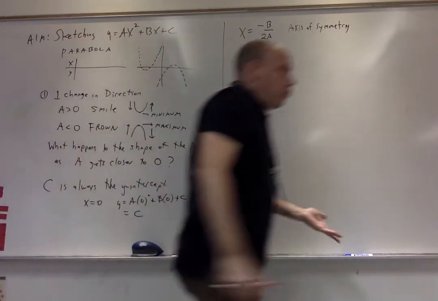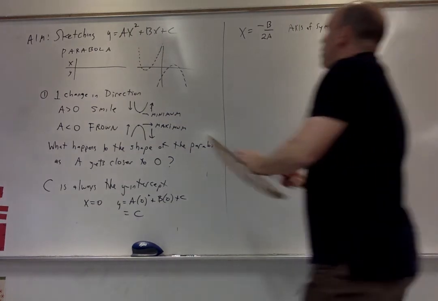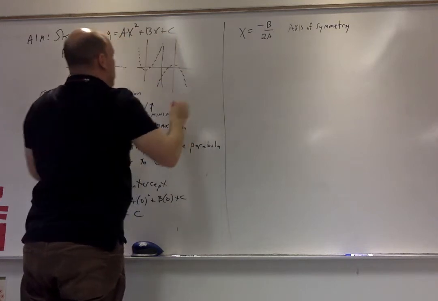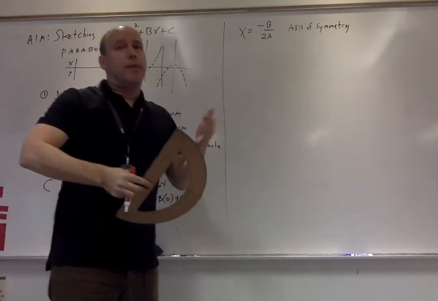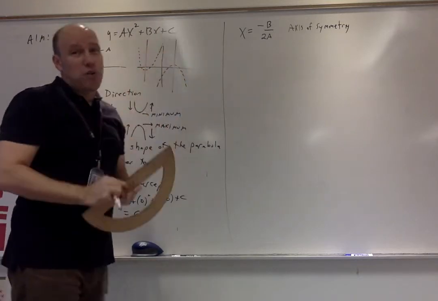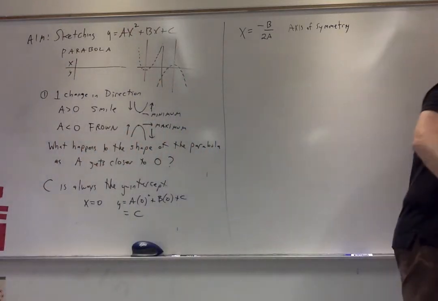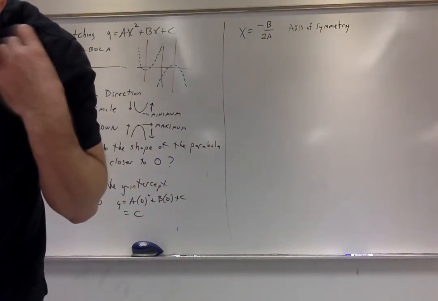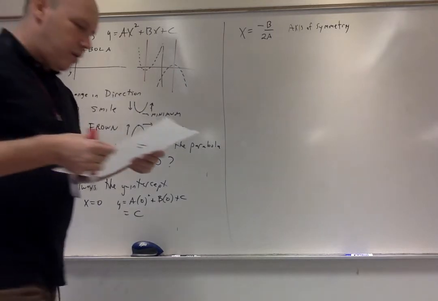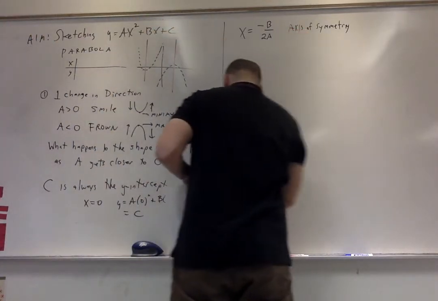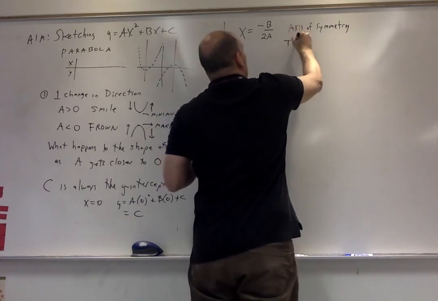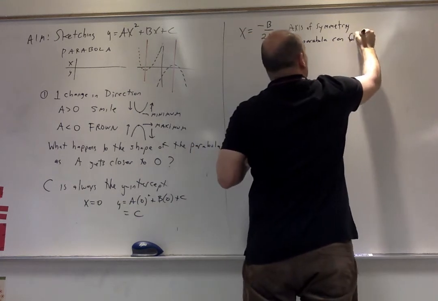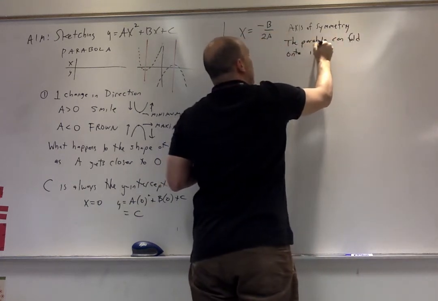I'll just show you what it looks like. This is the idea. It's here. Every parabola has an axis of symmetry. Every parabola can be folded onto itself. So that's another important thing we want to find.